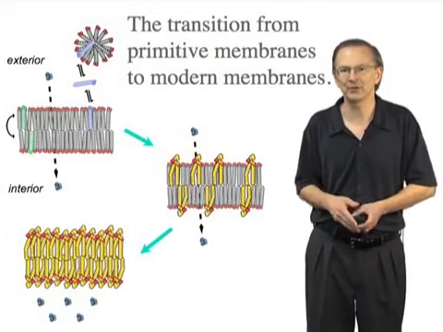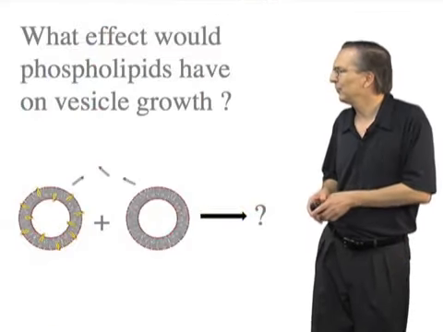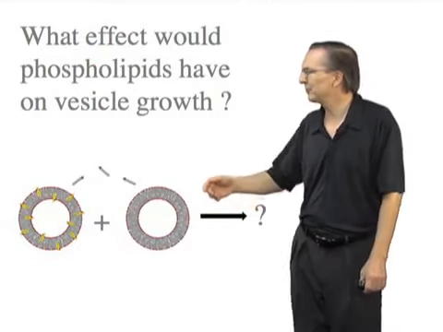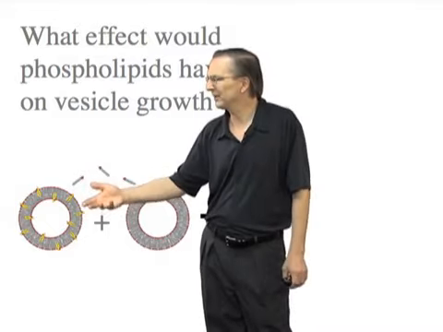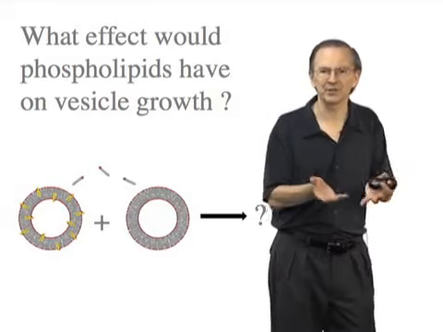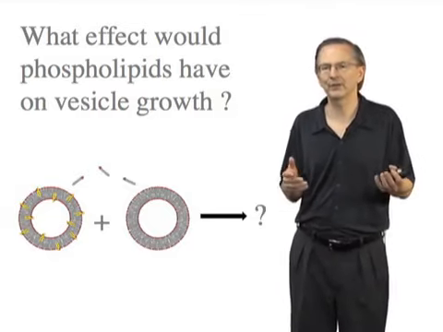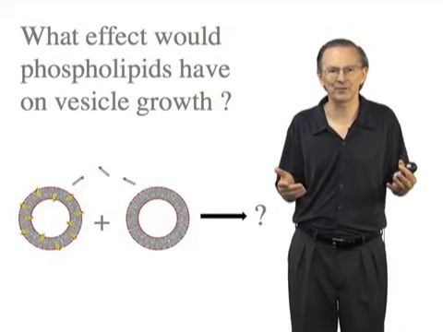and this is all work done by Itai Buden, who's a graduate student in the lab. So what Itai did was simply to prepare vesicles containing a little bit of phospholipids doped into a fatty acid membrane structure. And then he asked, well, how would that affect the properties of the membrane?